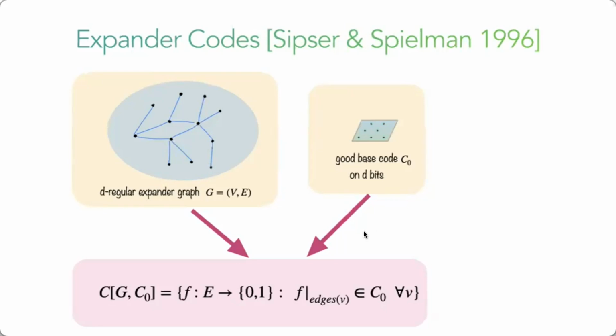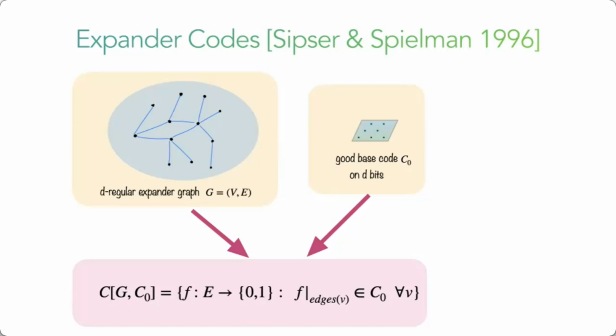For every vertex, I'm going to have some linear constraints. They say: look at the edges touching this vertex V. These are D edges. Assume that for every vertex, we numbered the edges arbitrarily. Then F restricted to the edges of V is just a D-bit string. I require that it's inside C naught.